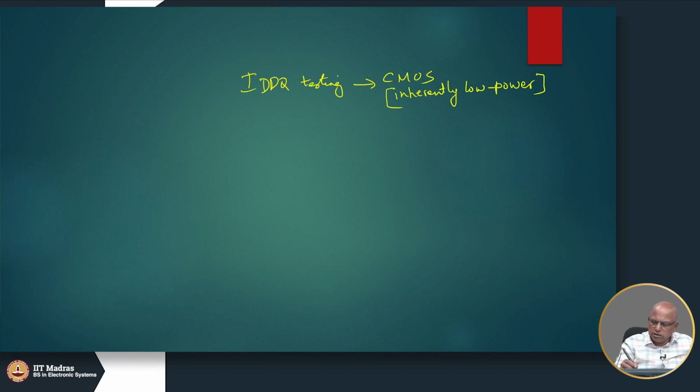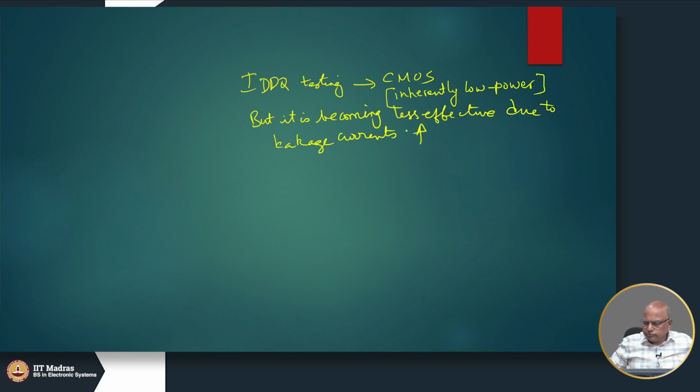But it is becoming less effective due to leakage currents. Leakage currents are increasing, and it is difficult to tell a faulty chip from a good chip by only looking at the current.